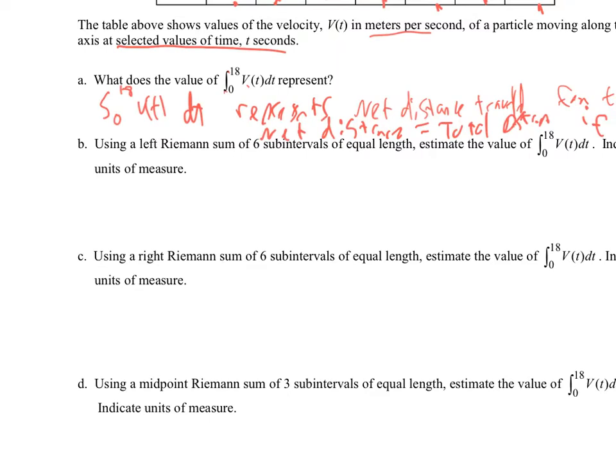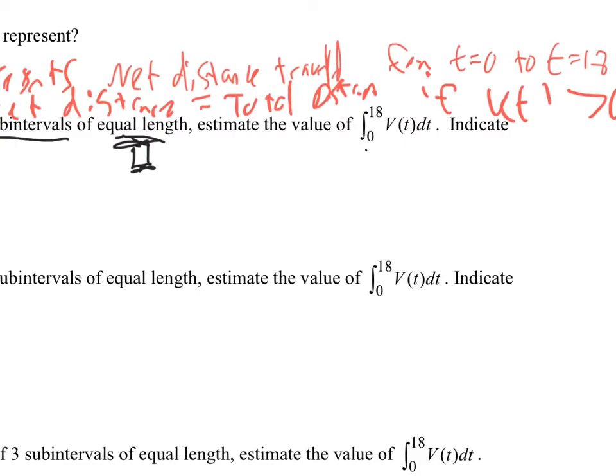Now we're going to use left Riemann sums, 6 subintervals of equal length. I think what he means by intervals is equal length. That means the width of each rectangle, this piece here, and estimate the value from 0 to 18.